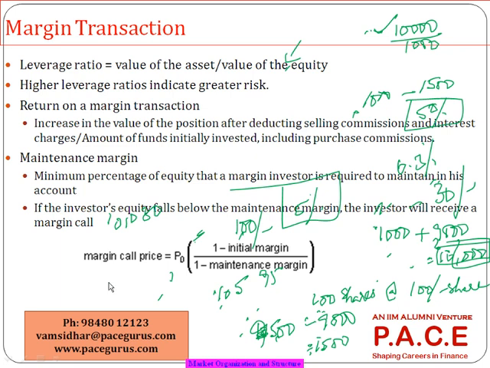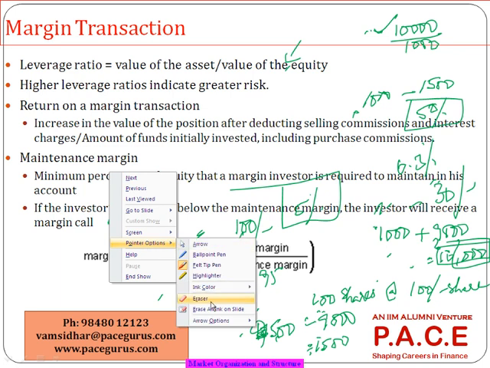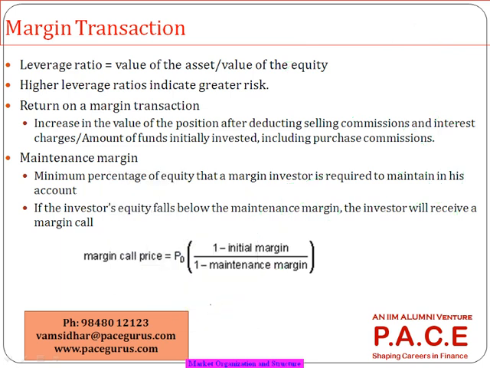Then another key aspect worth considering in this regard is the maintenance margin. In margin transactions, there is a term called maintenance margin. Like in the same example, 1,000 plus 9,000, you have purchased 100 shares at 100 per share.